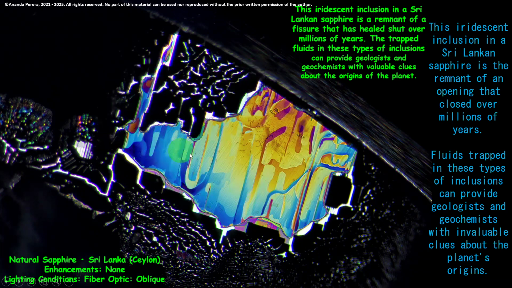Inside these types of inclusions, fluid is trapped, which can provide geologists and geochemists with invaluable clues about the planet's origins. These are liquid inclusions. It is natural Sri Lanka sapphire, no enhancement. Lighting condition here is fiber optic oblique. This shows us it is a natural sapphire.